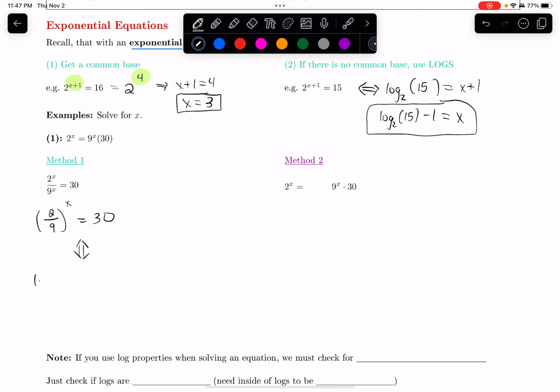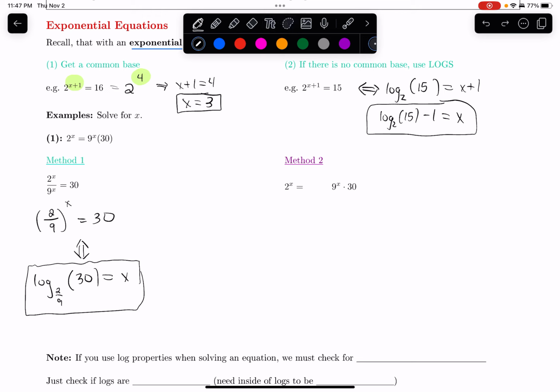The base of the power becomes the base of the log, so 2 over 9 is the base of the log. Then I switch the input and the output. 30 is now the input of the log, and x is the output. So x is log base 2 over 9 of 30. All right, let's talk about one other way I could solve an equation like this.